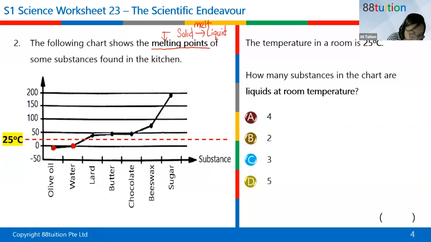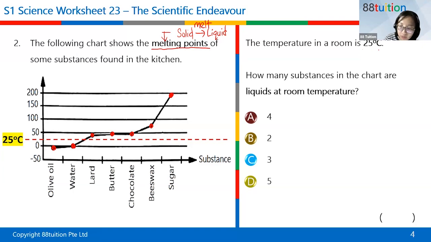Then lard will melt at about 45 degrees Celsius. Butter will melt at about 50 degrees Celsius. Chocolate melts at about 50 degrees Celsius. Beeswax melts at maybe 75 degrees Celsius. Sugar melts at 200 degrees Celsius.